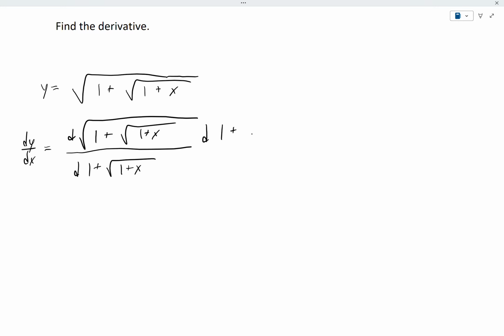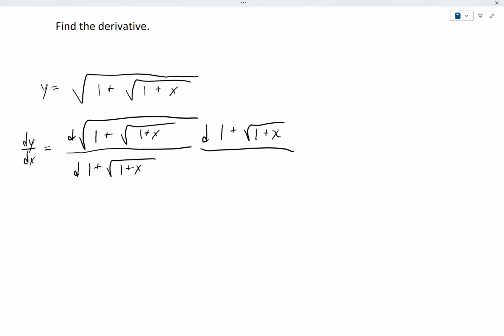So that works. What about d(1 plus root of 1 plus x)? What can I take the derivative of this with respect to? If you said x, well, we're not quite there yet. What about 1 plus x? 1 plus x would work. What about root of 1 plus x?